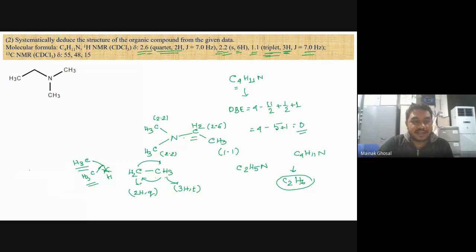If you see the values, yes, this is the highest one, 55. The second most deshielded is this one, which is 48, and the most shielded one is this one, a very low value, 15.